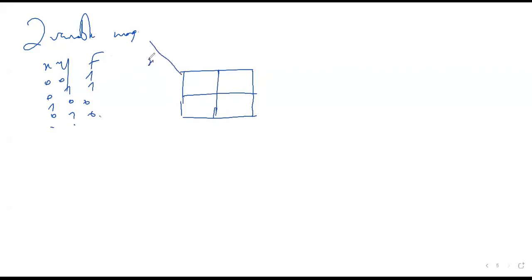We put our two variables x and y here. Our two variables x and y can only be zeros and ones. Okay. Now, what output comes in this square? Help me. For participation's sake, what output comes on this square?